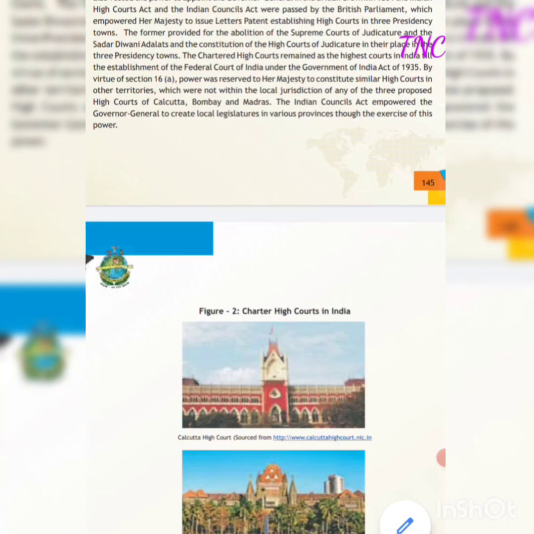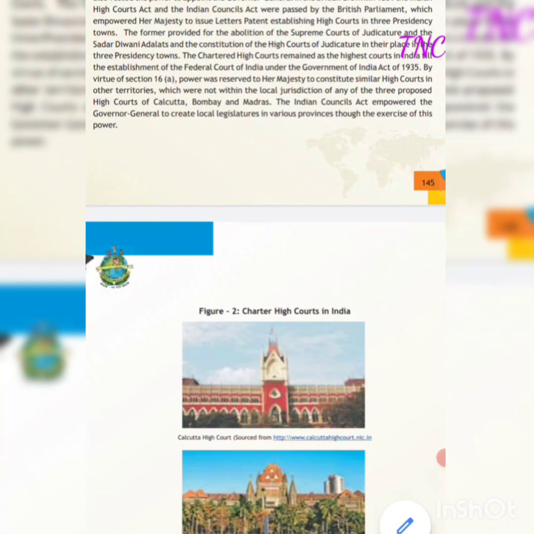So the areas or territories which were outside the jurisdiction of Calcutta, Bombay or Madras, whatever they were, which were obviously under the control of the British at that time, the Queen, Her Majesty, also had the power to establish similar high courts in them, by virtue of section 16 subclause A of the High Courts Act.